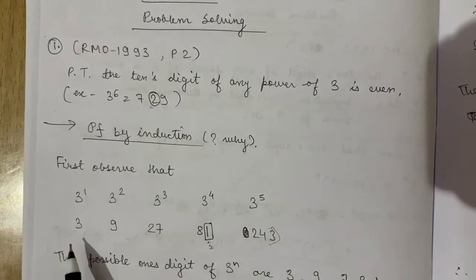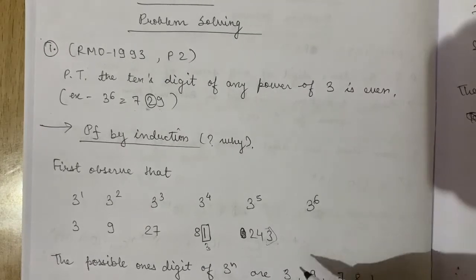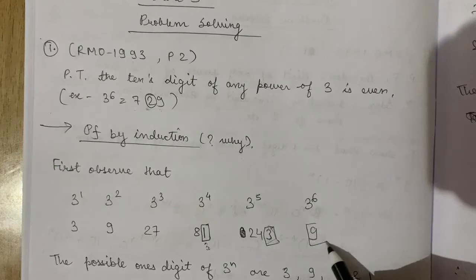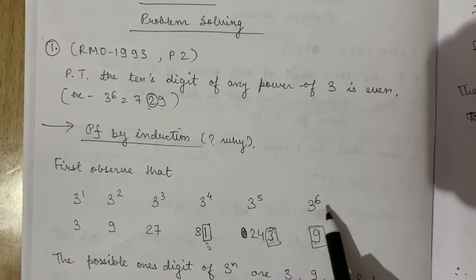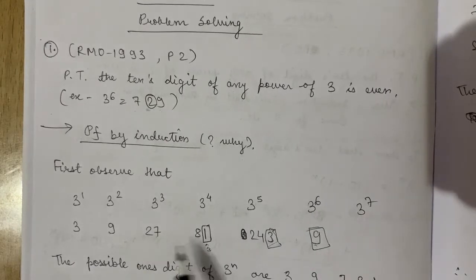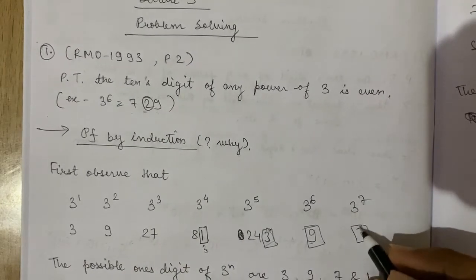And to get the ones digit of 3 to the power 6, we multiply this 3 by another 3, which will give 9. And to get the ones digit of 3 to the power 7, we multiply this 9 by 3, which will give 27, and the ones digit would be 7, and so on.